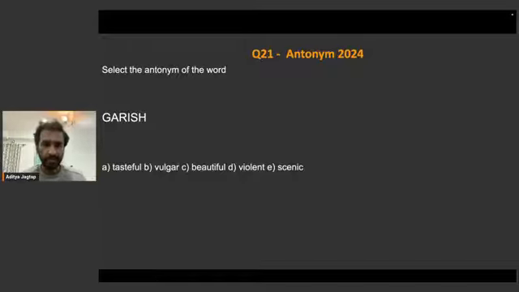Are they garish or are they tasteful? So garish is usually used about style or things like that. So tasteful is the right antonym. None of the others, beautiful or scenic, follow. Vulgar and violent we wouldn't choose anyway. All right, so A is the correct choice. Slightly confusing antonym question, but again, NMAT, XAT, easier questions.